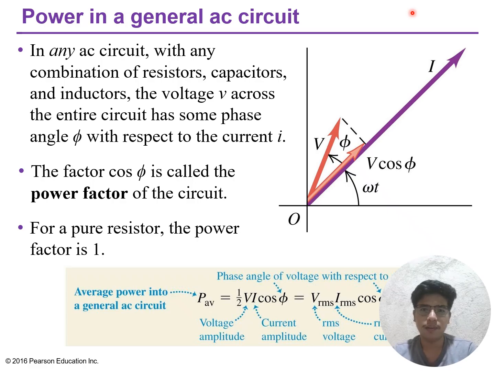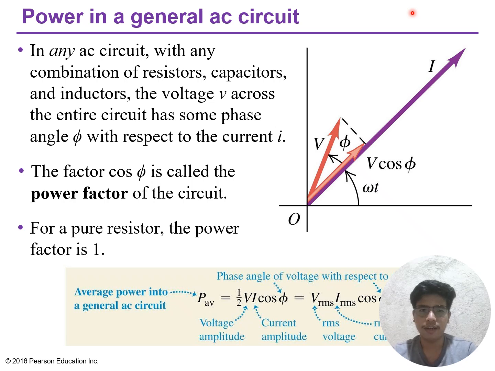Equivalently, using the RMS values, P average is equal to V RMS I RMS cosine phi.